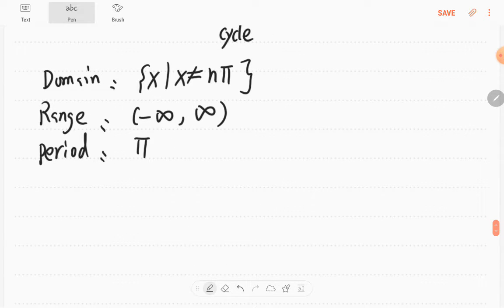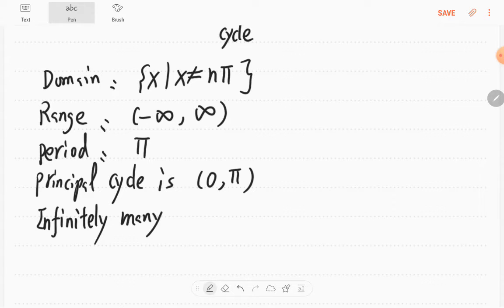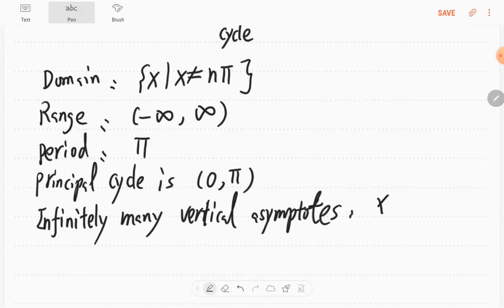And our principal cycle is 0 to pi. And we have infinitely many vertical asymptotes, which is x equals n pi.